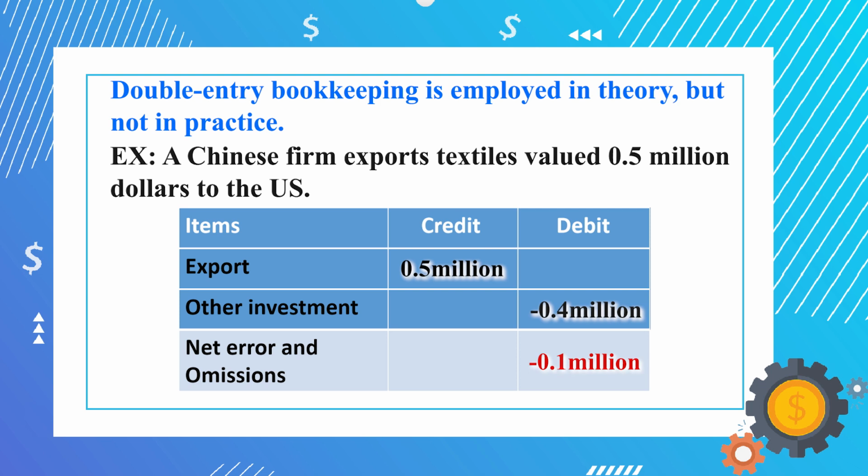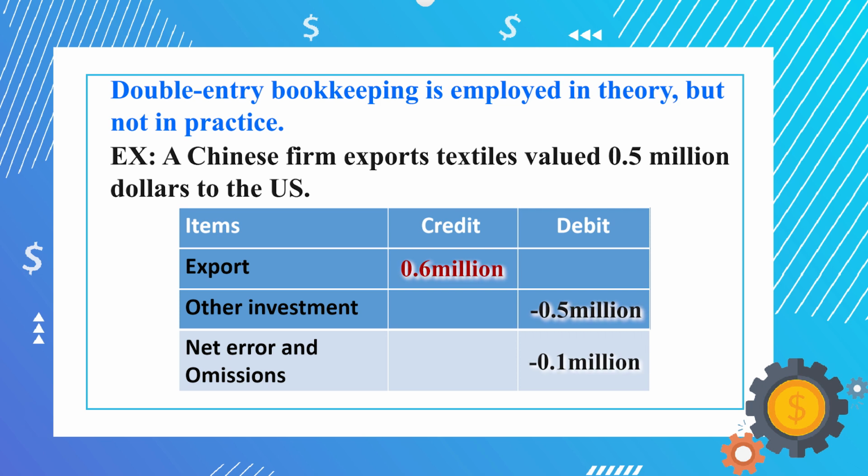Usually, the discrepancy should not be too big. If it's too huge, then it implies there must exist some man-made mistakes. For example, in China, they executed the policy of tax reimbursement for export in order to promote export.